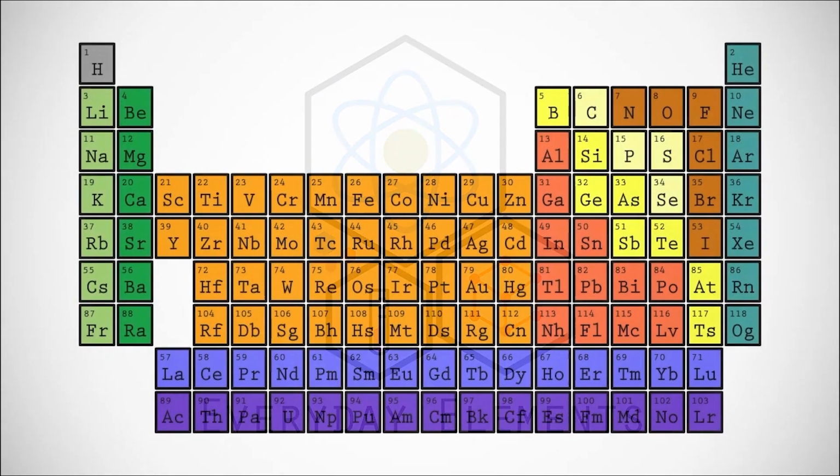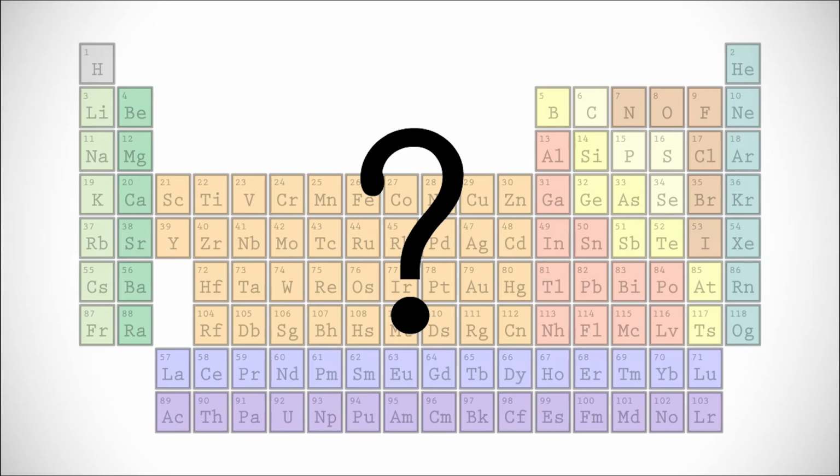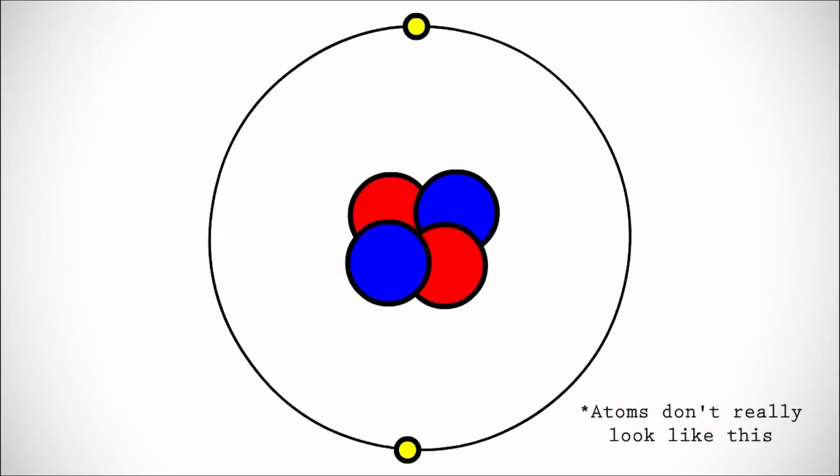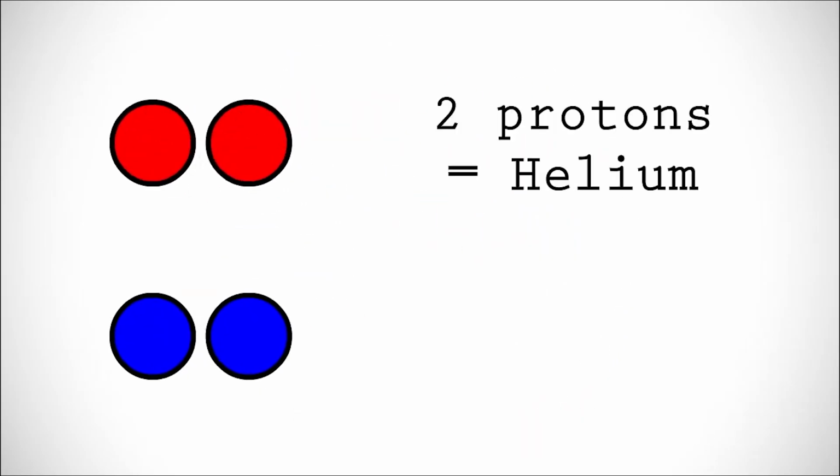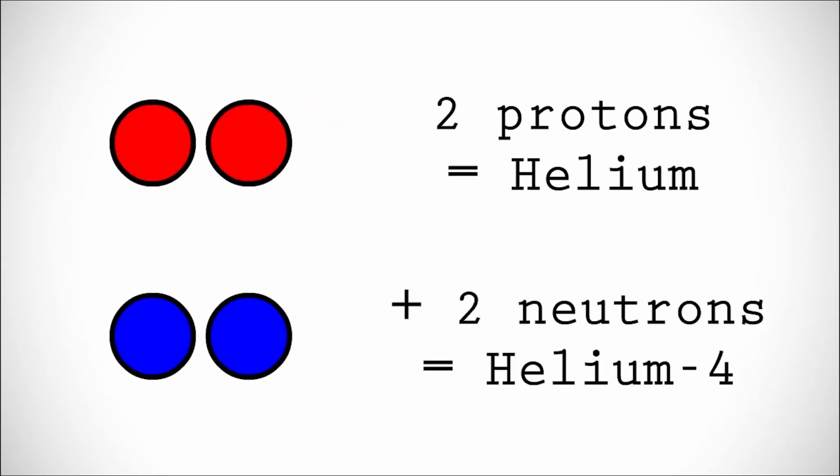You've almost certainly seen a periodic table of the elements, but have you ever wondered where those elements came from? To understand their origin, first we have to look at what defines an element. An atom is made up of positively charged protons and neutral neutrons in a nucleus, surrounded by negatively charged electrons. The number of protons in the nucleus defines an element, but a single element may have atoms with a varying number of neutrons.